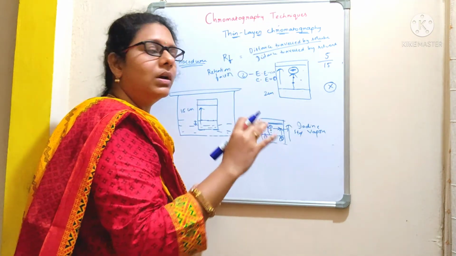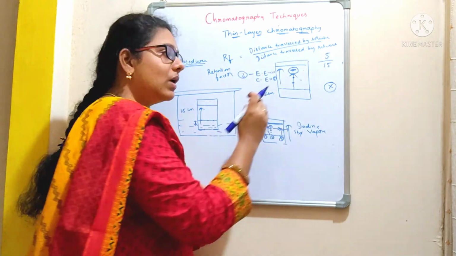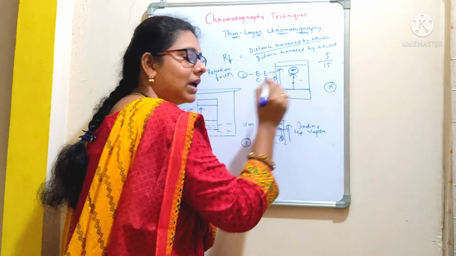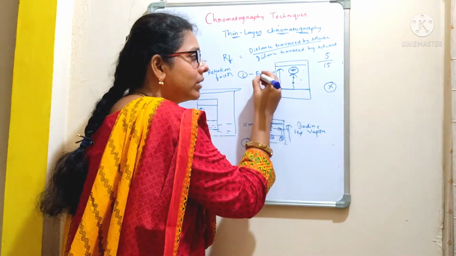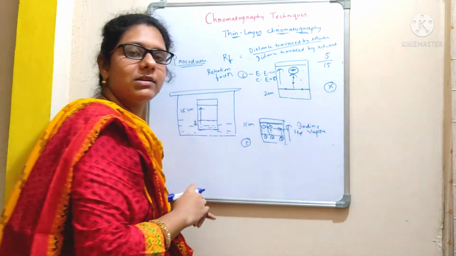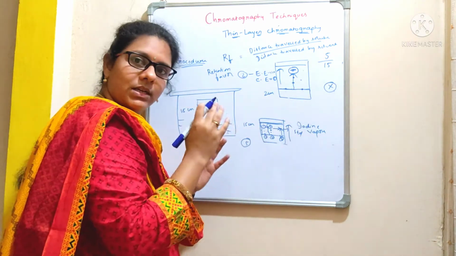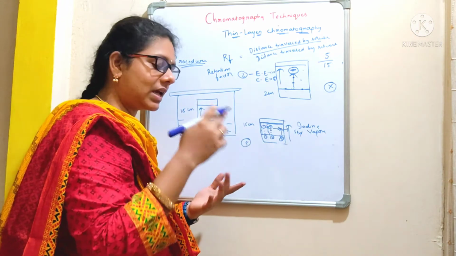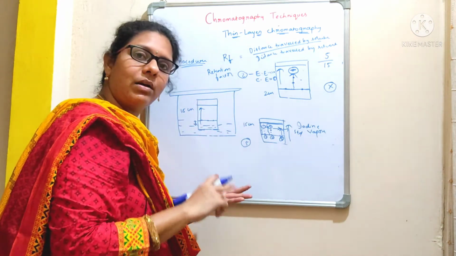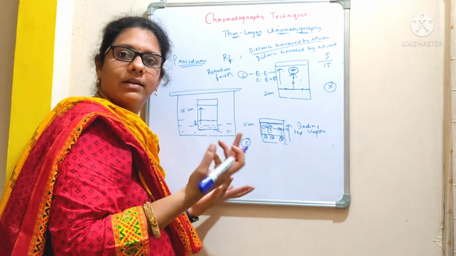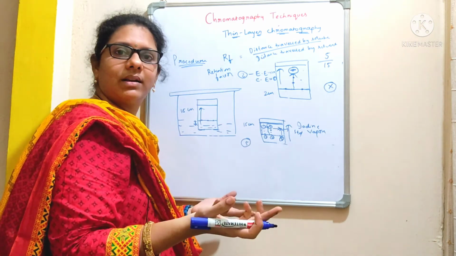What you are supposed to do? You have to take a TLC sheet. You have to mark a horizontal line with the help of a pencil, and you are going to apply the ethanol extract as a spot and the chloroform extract as a spot. If you are interested in a particular compound, plants have different bioactive compounds like phenols, flavonoids, alkaloids, steroids, lignins, cardiac glycosides, tannins, terpenes, etc. Right?